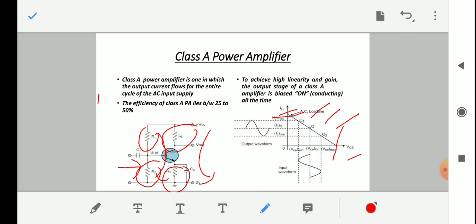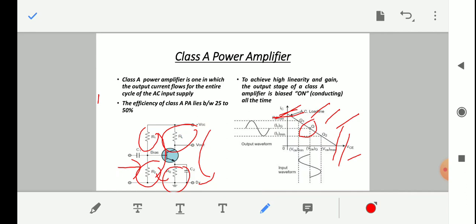For class A amplifiers, it is highly required that the operating point must lie in between the load lines, so that the entire cycle of the input signal is used for providing the output at the output section of the power amplifier. To achieve high linearity and gain, the output stage of the class A amplifier is biased conducting all the time.